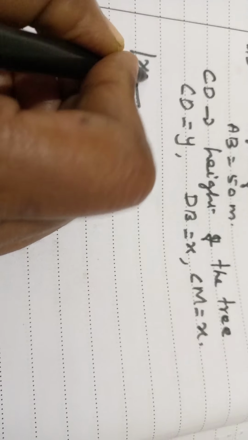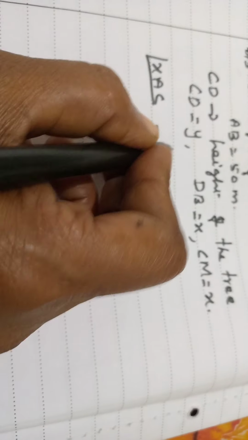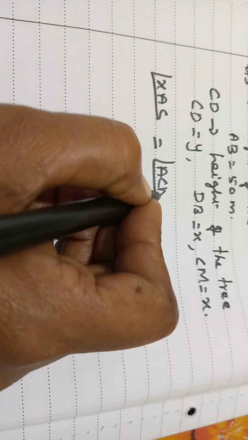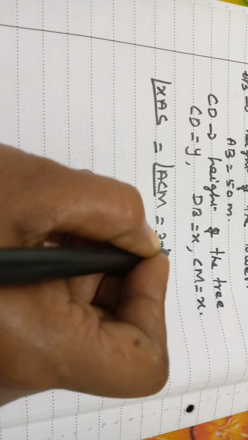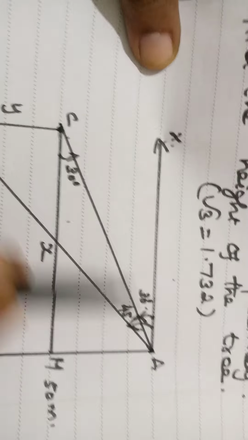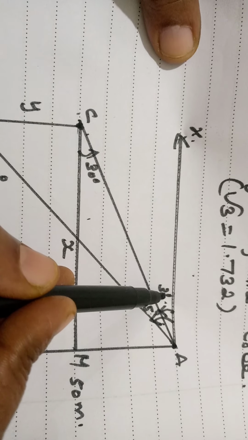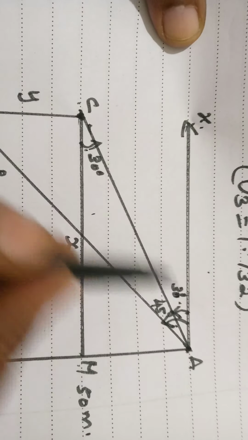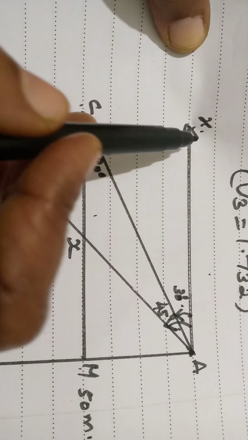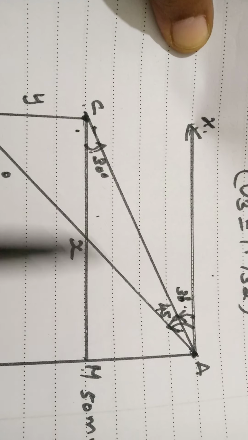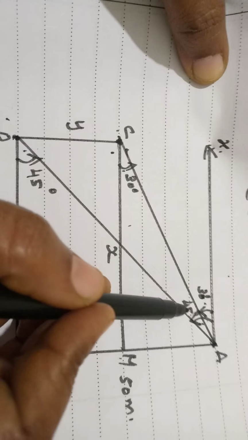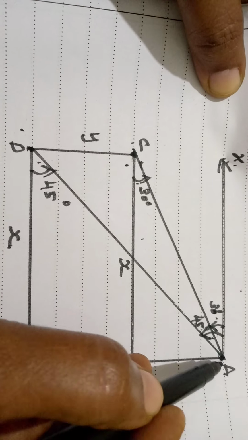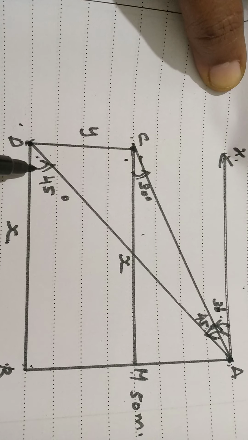Angle XAC equal to angle ACM equal to 30 degree. How is it? Listen, the diagram. Angle XAC, this angle, and angle ACM, this angle, equal to 30 degree, as well as angle XAD, this angle, 45 degree, as well as angle ADB equal to 45 degree.